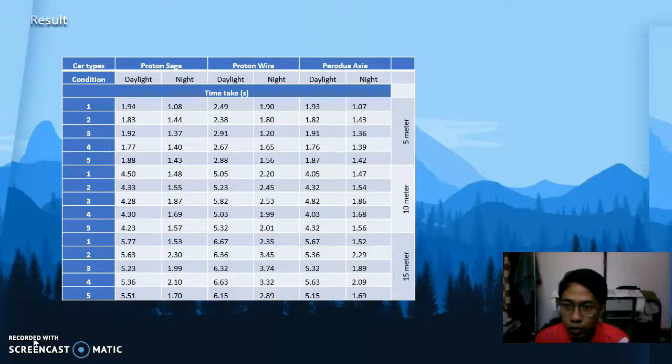At 5 meters for daylight, Proton Saga took 1.94 seconds, while Proton Wira took 2.49 seconds, and Perodua Axia took 1.93. At 10 meters for night, Proton Saga took 1.43 seconds, while Proton Wira took 1.56 and Perodua Axia only took 1.47.